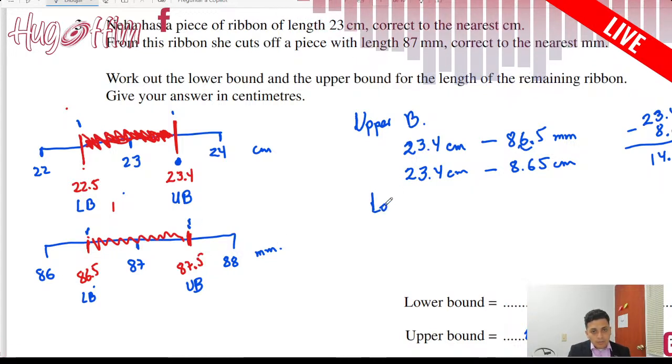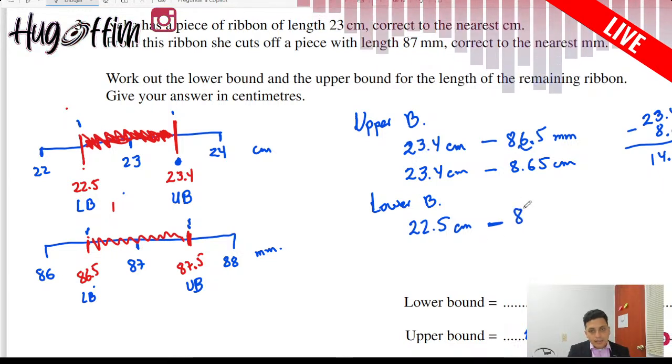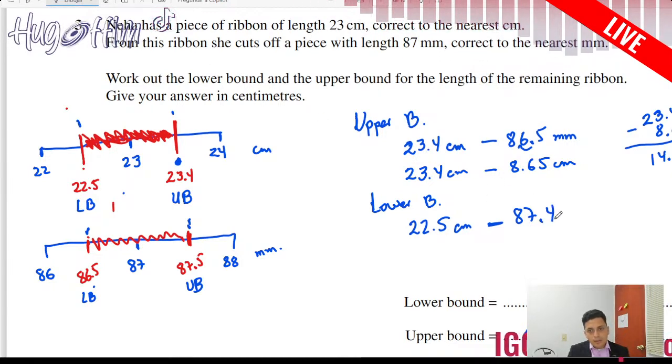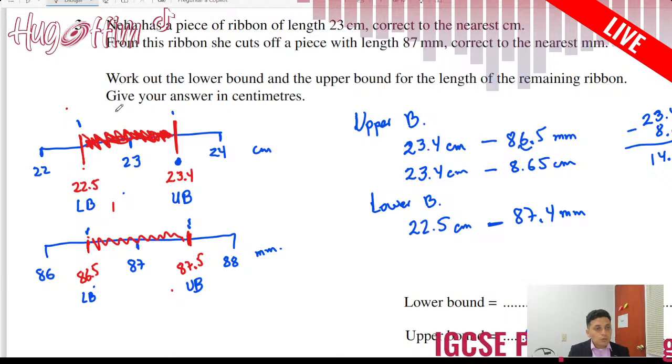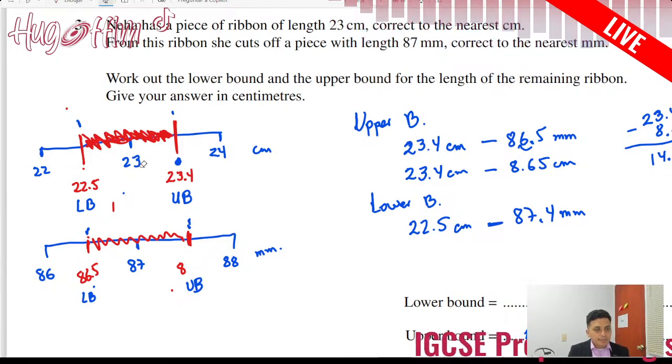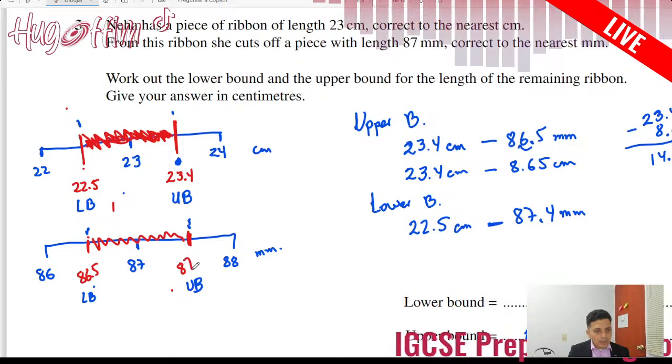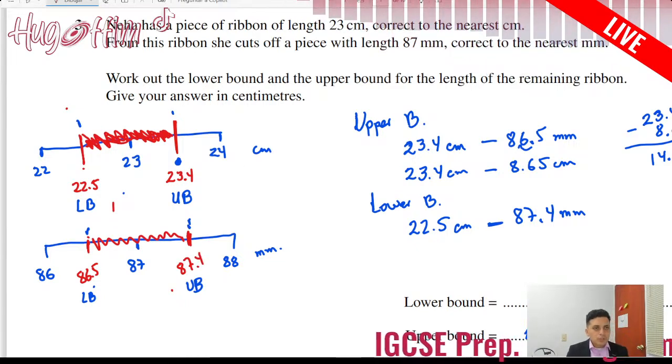So the lower bound is going to be 22.5 centimeters minus 87.5. Sorry, 0.4, not 0.5, millimeters. This should be 4 because if I got 87.5, I'm going to round to 88. Okay, 87.4. Now I'm just going to subtract.